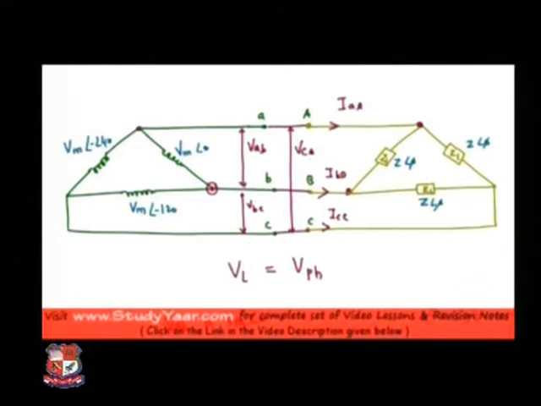We are going to assume that my phase current, the current flowing in this particular element, is, let's say, I. This is terminal A, this is terminal B, so I am going to call this IAB. The current flowing in this load is going to be IB, and this is C, so I am going to call this IBC, and this one ICA. This is your C and this is your A.